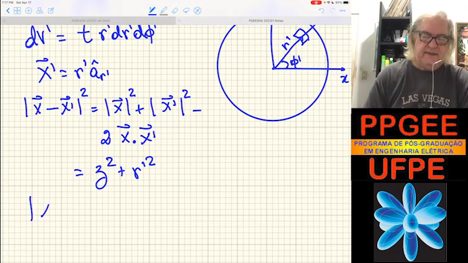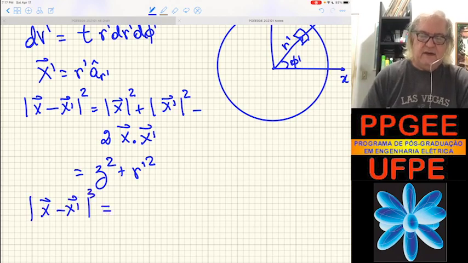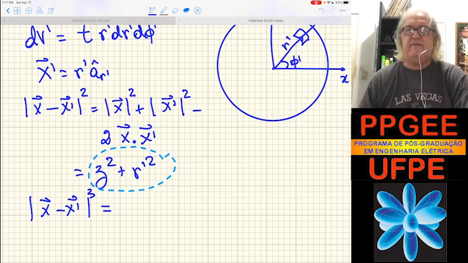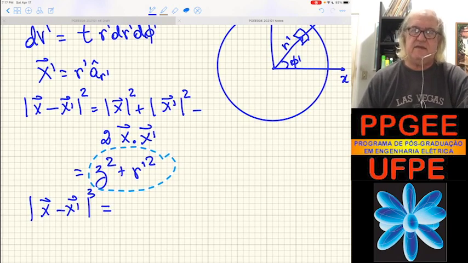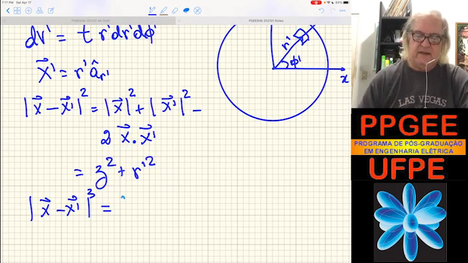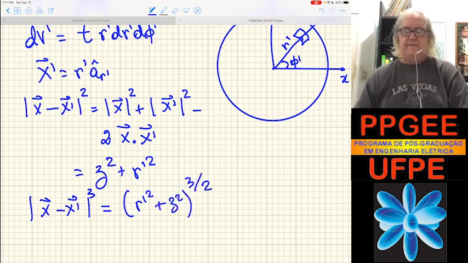So |x minus x prime| cubed equals, we have to raise this to 1/2 and raise again to the 3rd power. So it's going to be r squared plus z squared to the 3/2, right?